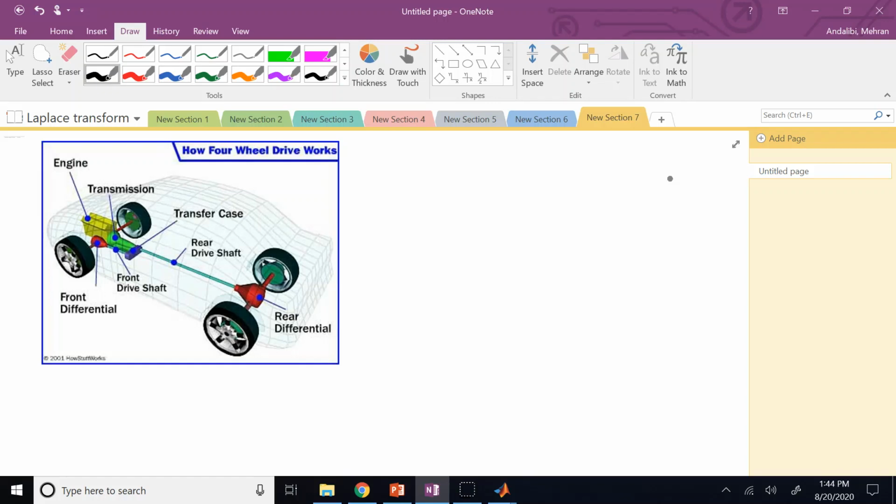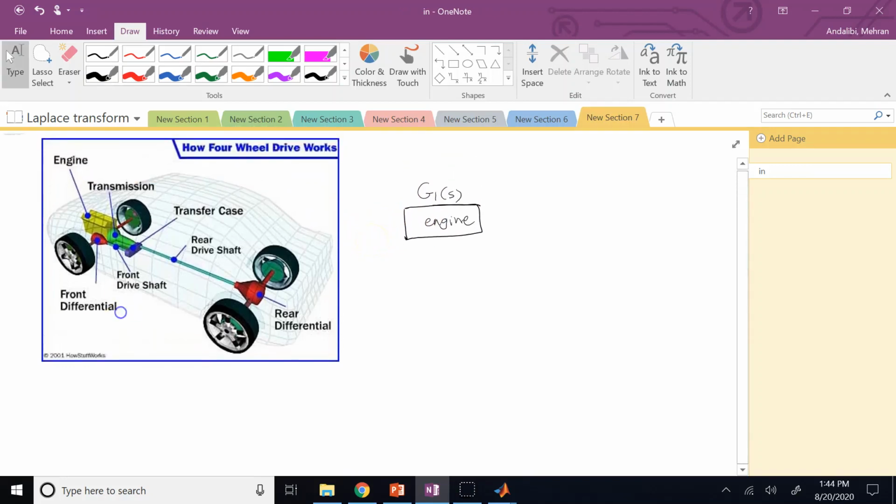So what you have here is basically your engine, and then inside the engine there is a transfer function, like G1, where you provide basically the angle of the accelerator as the input.